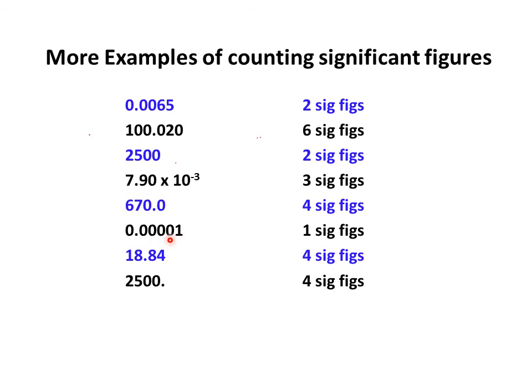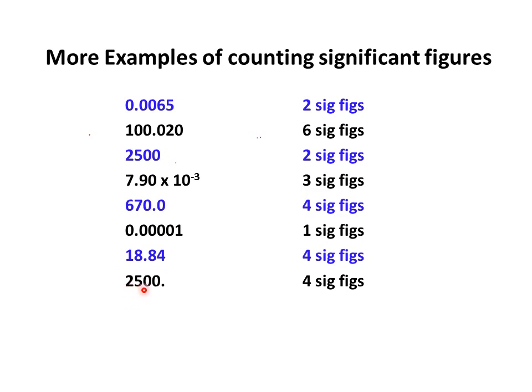Leading zeros here in 0.00001, right? These are leading zeros, and we said that leading zeros are not significant, so I'd count 1 sig fig right here. 18.84, all of these are non-zero digits, so therefore all of these digits are significant, so I'd count 1, 2, 3, 4 sig figs right here.